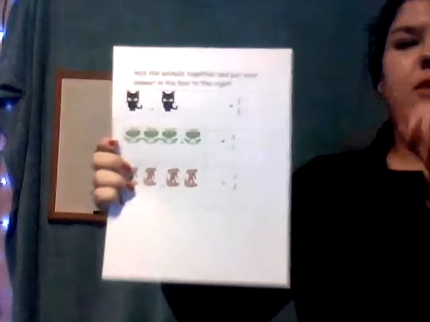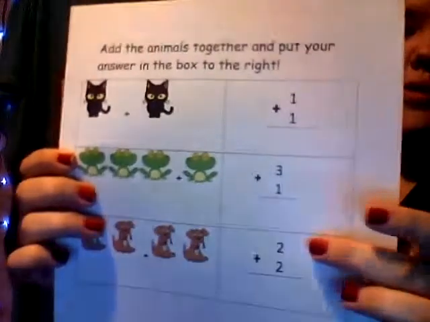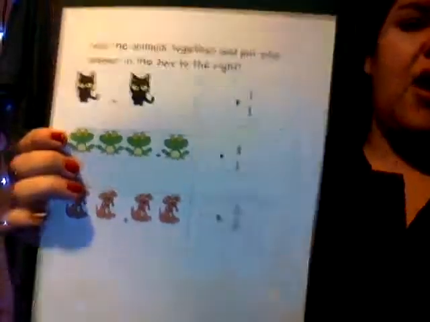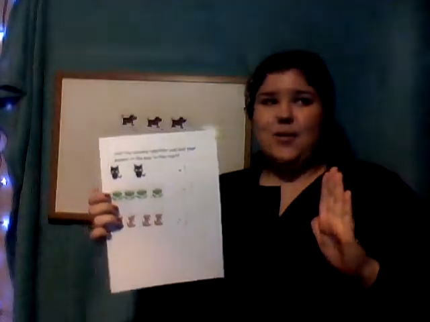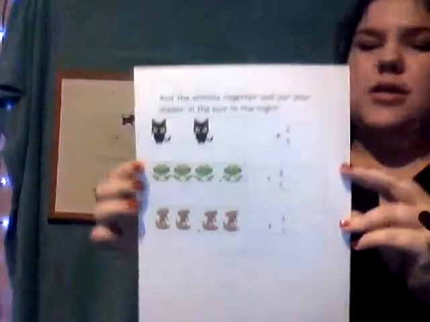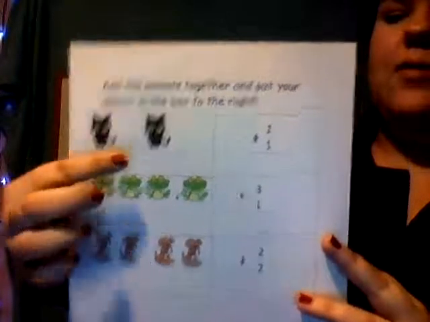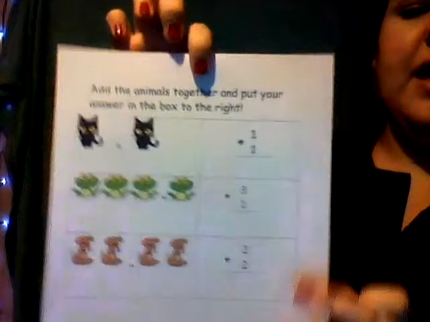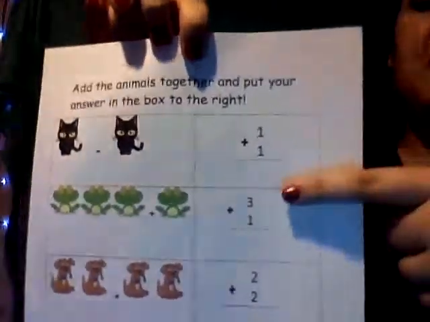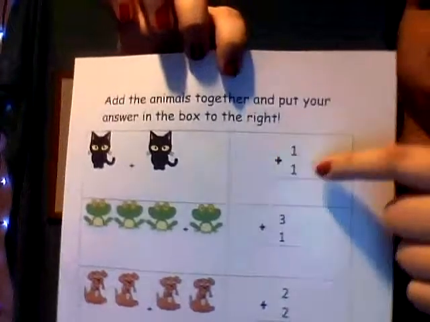Okay? And then the numbers over here are written going up and down. So what do we call that? Vertically. Good job. So you have one cat plus one cat, okay? And then you have it written over here in number form, 1 plus 1, but it's written vertically.